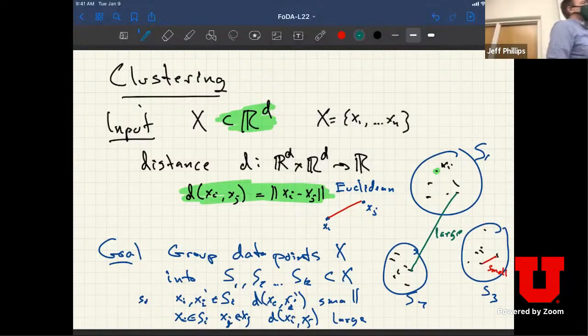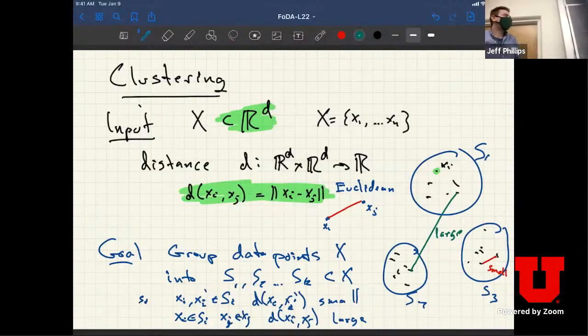Yeah. So how do we define how many clusters? That's a great question. It's a similar question to when we're doing dimensional reduction: how many dimensions do we reduce it to?